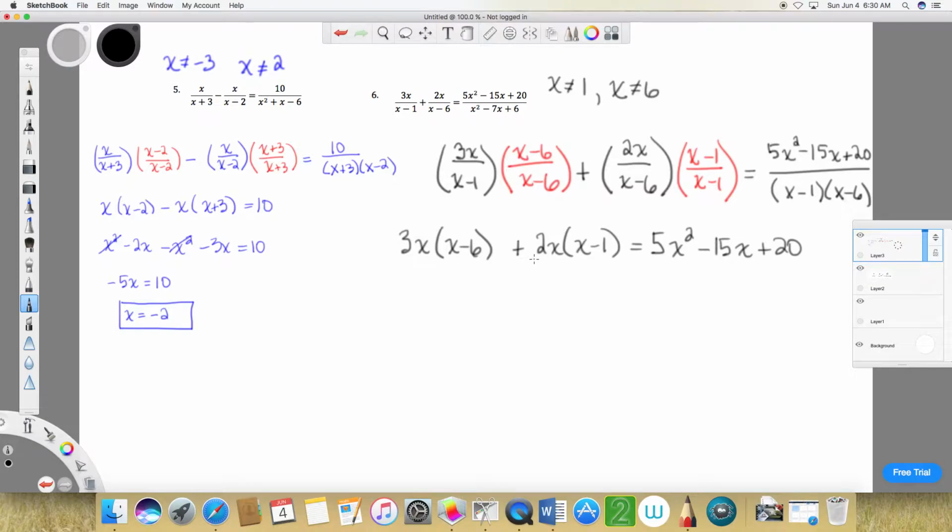All right, so let's apply the distributive property. We get 3x squared minus 18x. And here we get 2x squared minus 2x. The right-hand side, we're going to leave it alone for a moment.